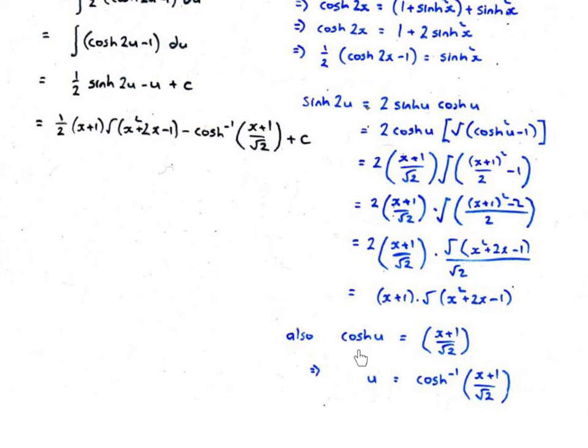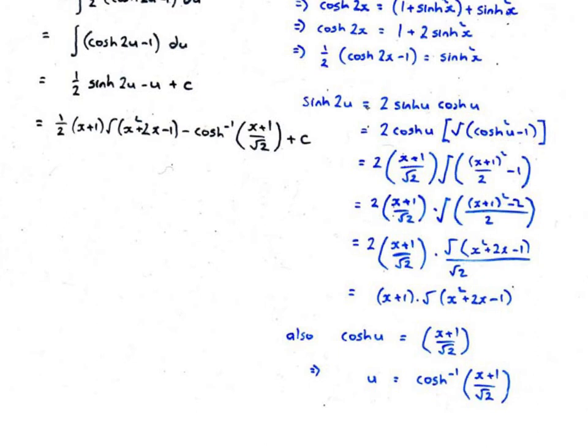For u, we can just say if cos u is equal to x plus 1 over root 2, then the inverse cos of x plus 1 over root 2 is equal to u. And so that's where that's coming from, plus c. But the methods we've used to do this, albeit it's not quite the form of 1 over x squared plus 1 or 1 over x squared minus 1, are fairly similar.